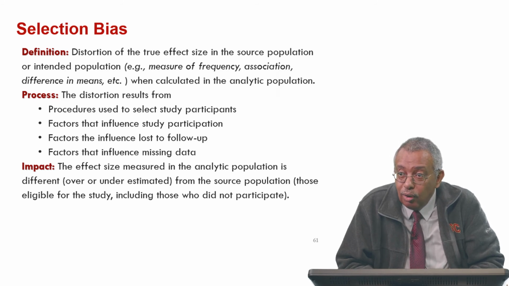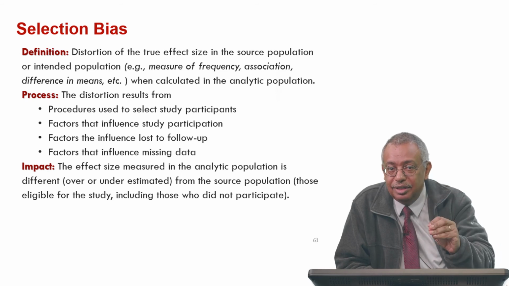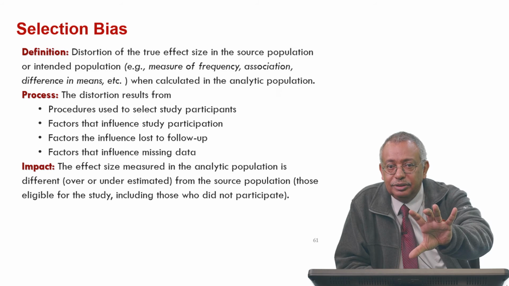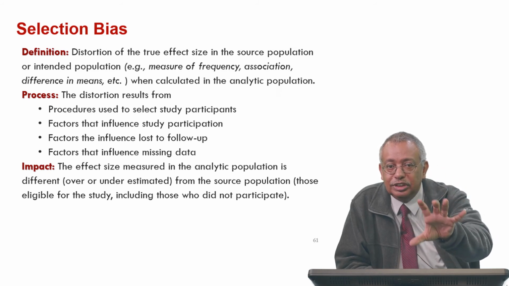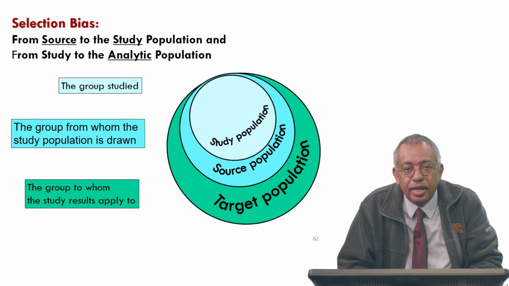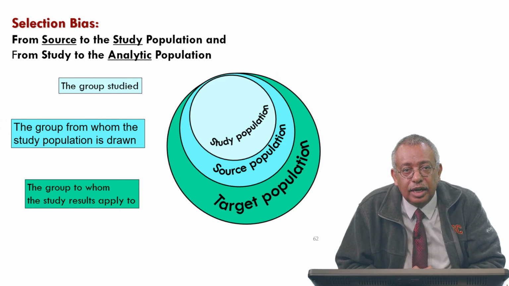The impact of any of these, or a combination, could be that the effect size measured in the analytic population is different, either over- or underestimated, from the source population. In other words, those eligible for the study, including those who did not participate.